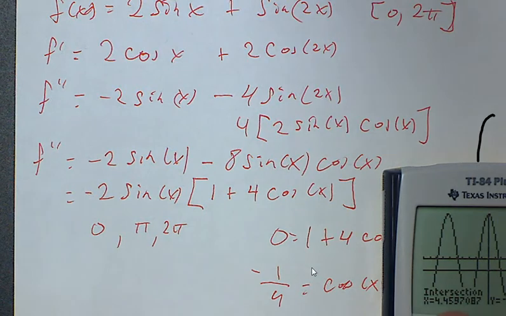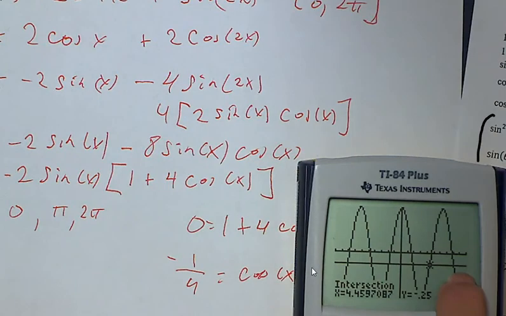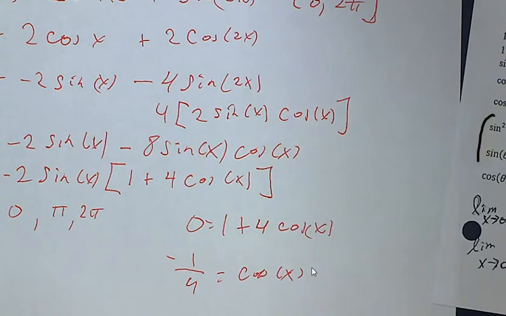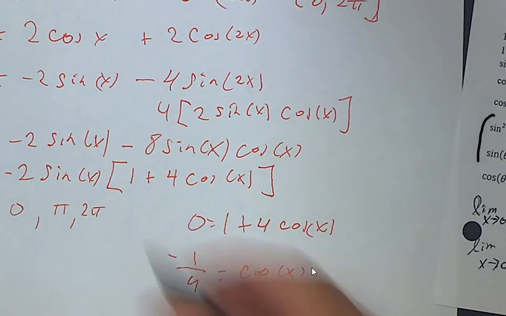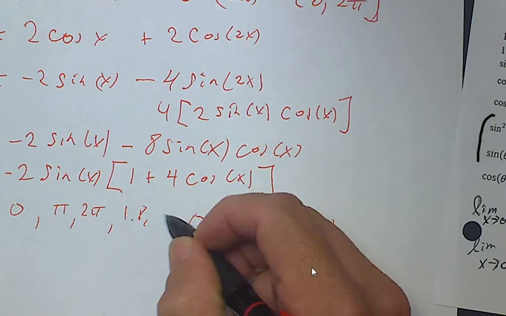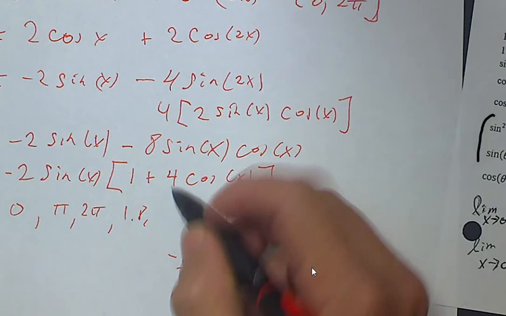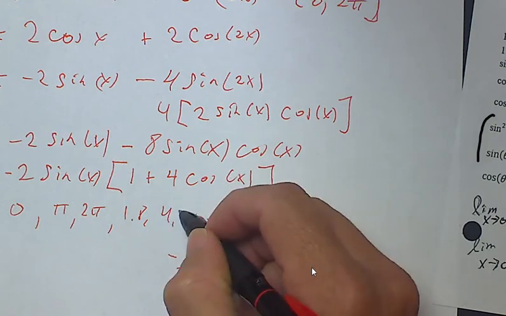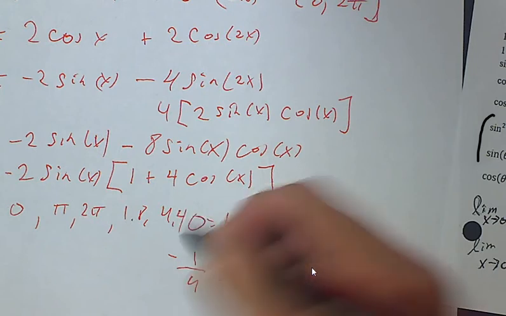Okay. All right. And so the last one, right here, that may be outside the domain. Second trace, intersect, come over here. That one's outside the domain. So just these two right here. What were they again? 1.823, and 4.4. Okay, we'll call it 4.4 for right now.